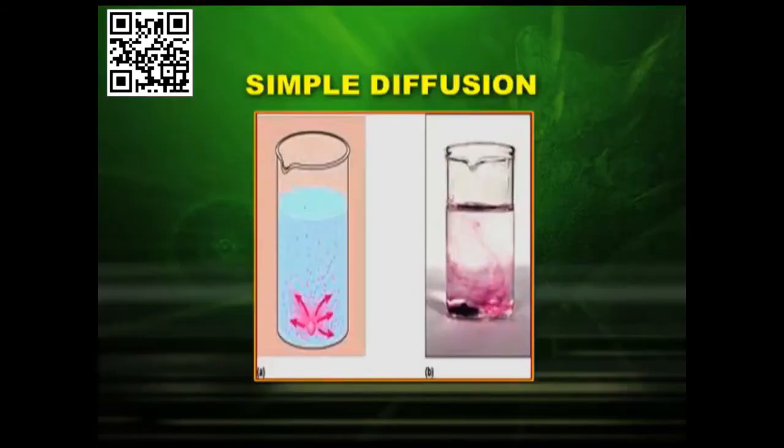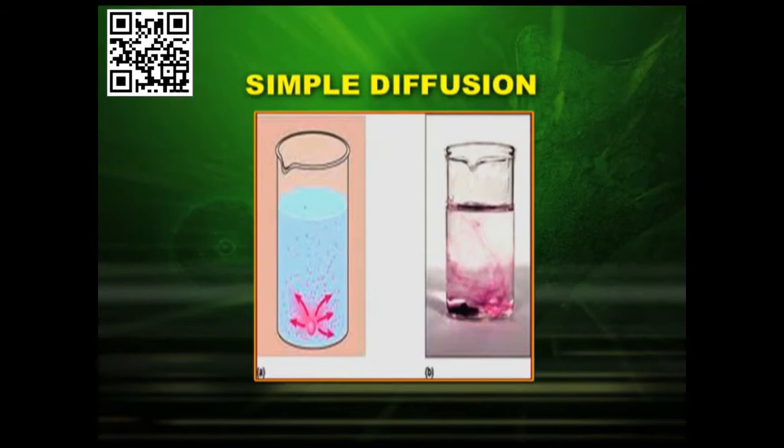We take two beakers. In one of the beakers, we put potassium permanganate in water, and then we see the diffusion in which the potassium permanganate crystals, molecules, diffuse into the water molecules. There is no expenditure of energy, and yet the molecules spread into the water molecules.